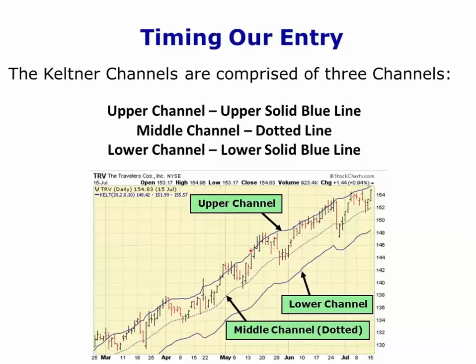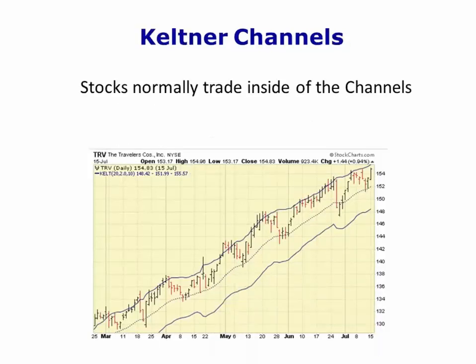The upper blue line is the upper channel. The dotted line in the middle is the middle Keltner channel, and the lower blue line is the lower Keltner channel. So there's three channels, and we overlay these 3 channels over the daily price movement of the stock to help us select our entry point.